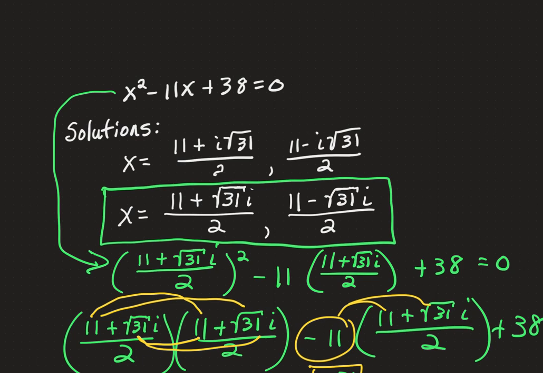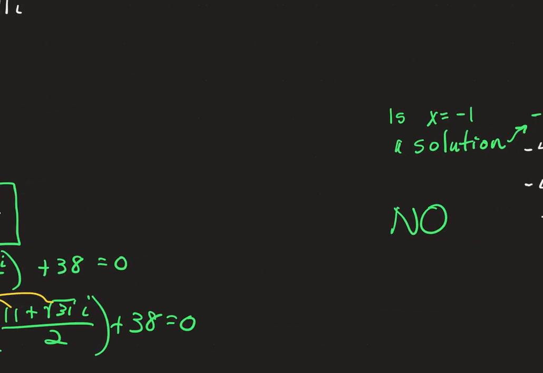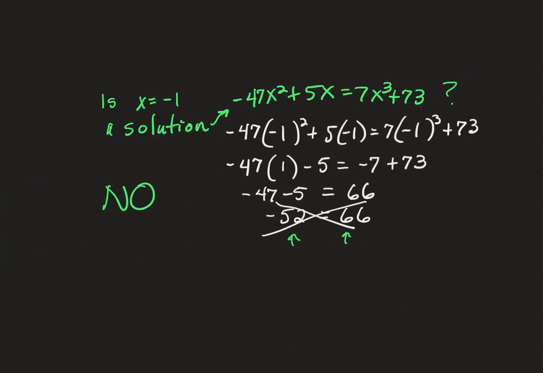So the left side did have to equal 0 because the right side did. In the problem we just worked with, the left side was some value and the right side was some value. And when we substituted negative 1 into each side, if it was a solution, whatever those values were, they would have been equal. They're not.